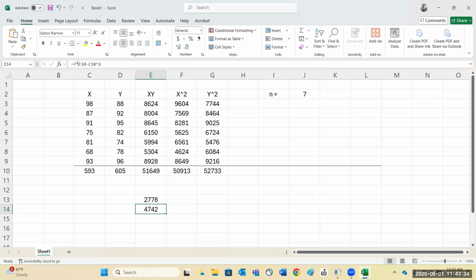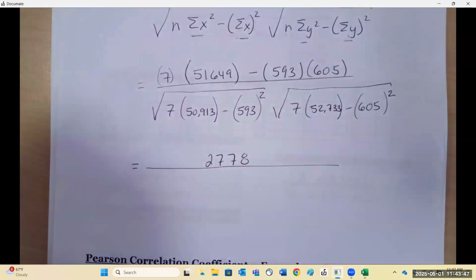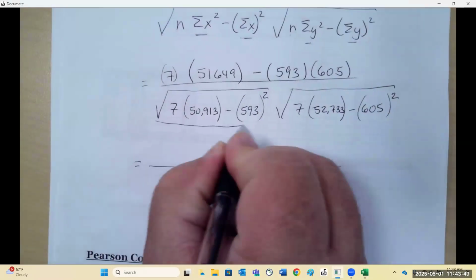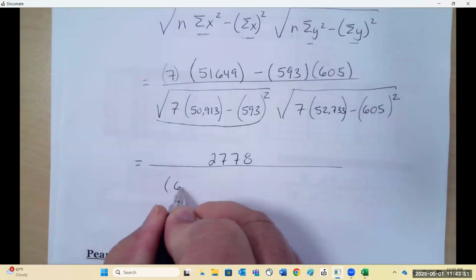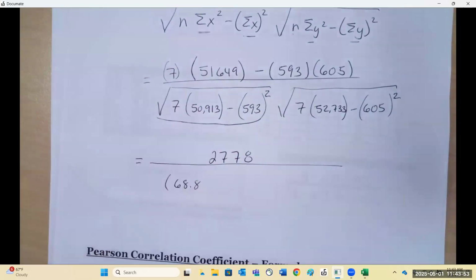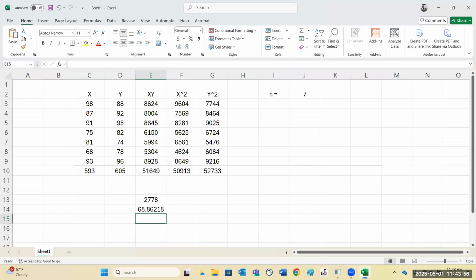I have to take the square root of that. So that is my first number, 68.86. So this first part is 68.862.